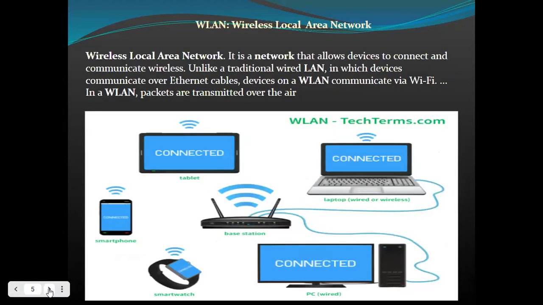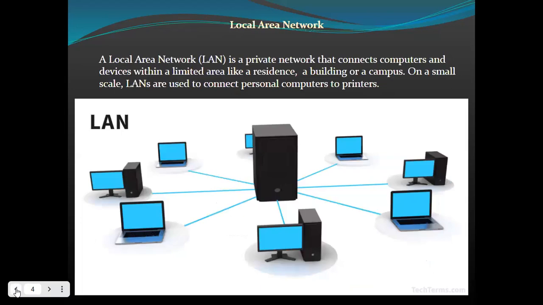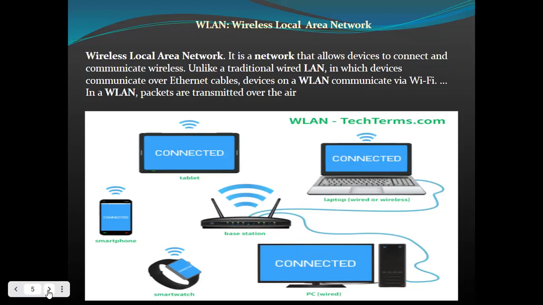WLAN is a wireless local area network. So a wireless local area network is a network that allows devices to connect and communicate wirelessly. It's almost the same as the previous slide, the local area network, but connected wirelessly.